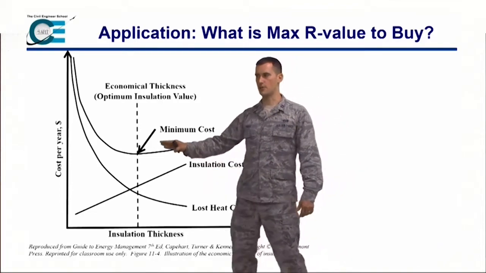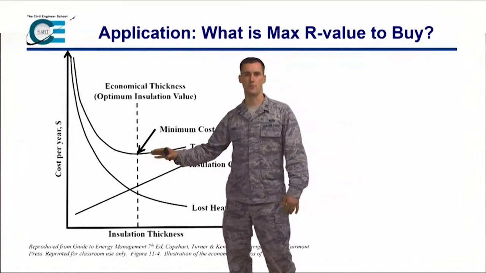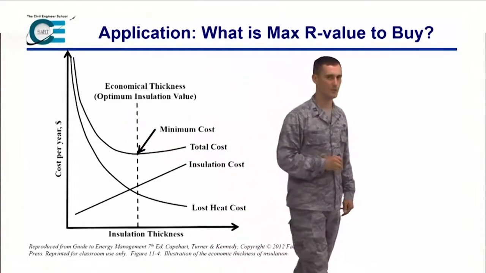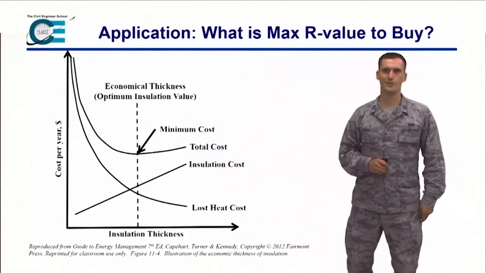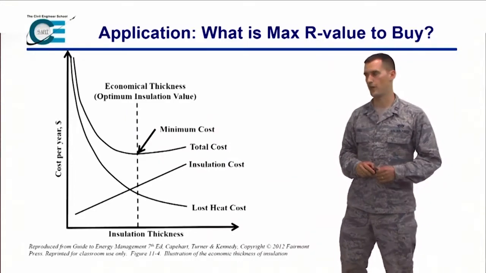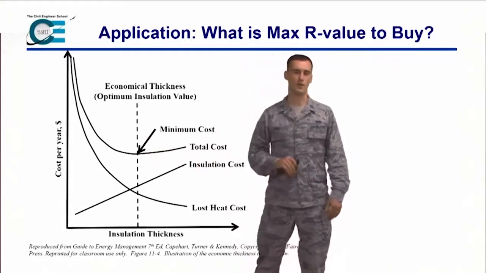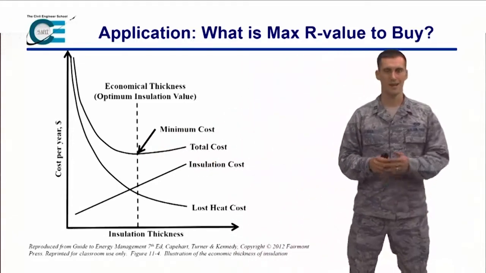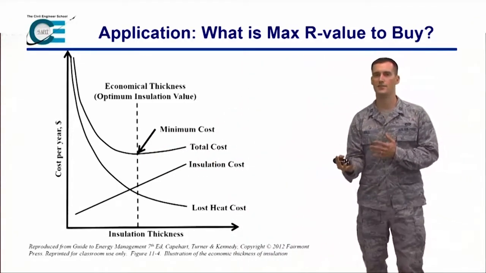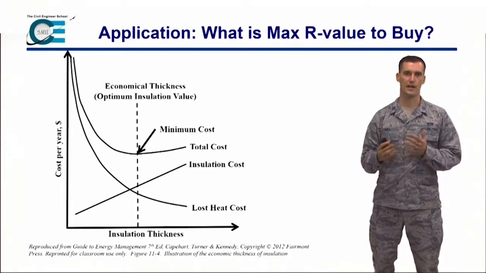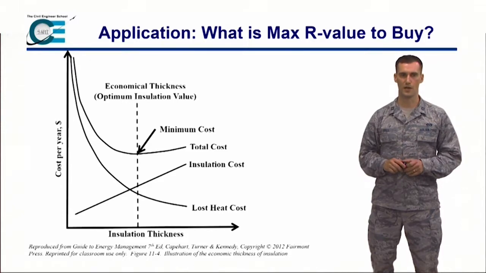And so there's a sweet spot here where we want to save energy and we want to be green, but we also care about the green that's in our wallet. This inflection point represents the minimum cost. Beyond it, buying additional insulation does get you reduced heat transfer, but you're not going to make your money back.